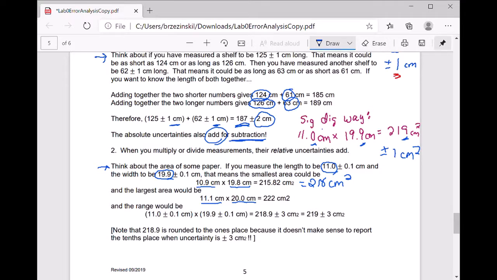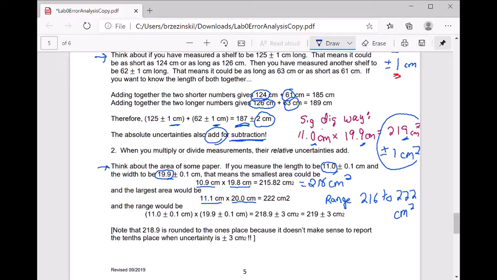So the range, instead of being from 218 to 220, as would be implied by this, actually the range could be from 216 to 222 square centimeters for your area.